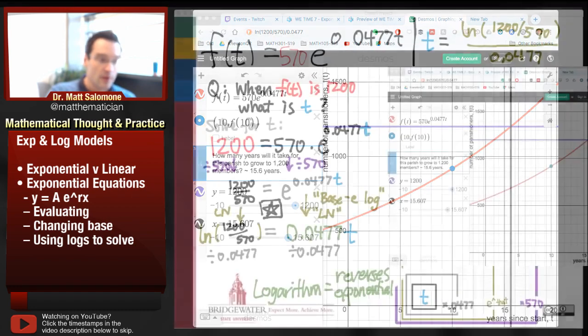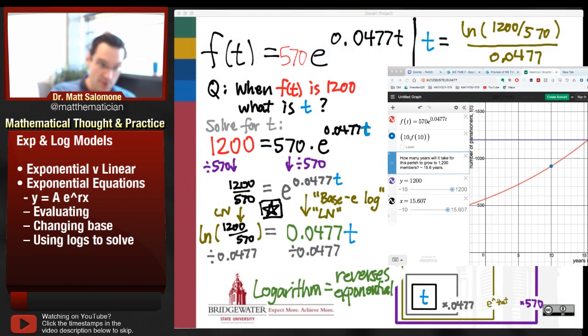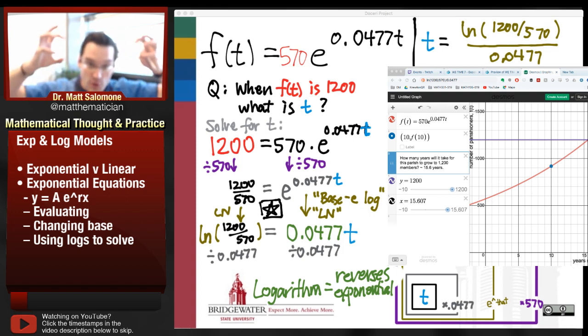Logarithms are classically confusing. Students of algebra have been stubbing their toes on logarithms since time immemorial. And one of the reasons I think that's the case is that logarithms are much simpler than most algebra textbooks make them out to be. If you only think of a logarithm as something to do to get rid of an exponential, to rescue a quantity from the exponent of an exponential expression down to the base, where we can solve for a variable that's trapped within, that should be enough to get you through.